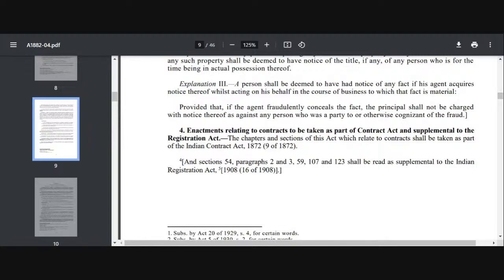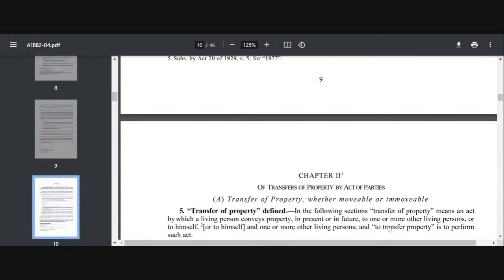So registration is compulsory. So here the registration of document and the procedure has to be according to the Registration Act. So that is why these provisions of TP Act are necessarily supplemental to the Indian Registration Act. Come to section 5 now.